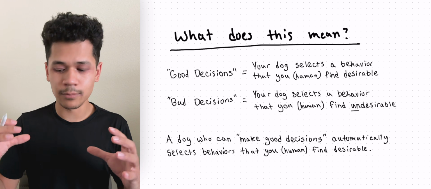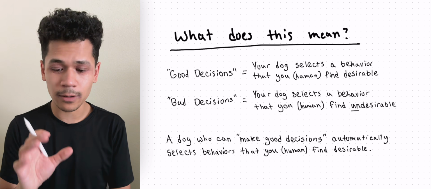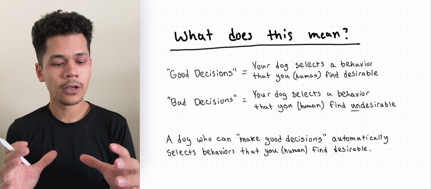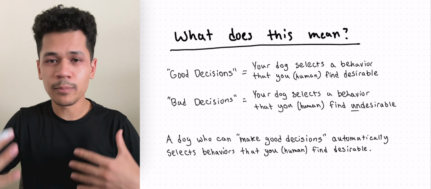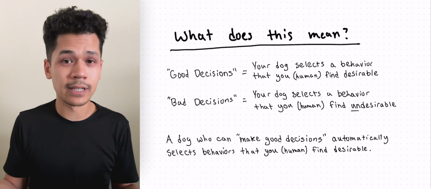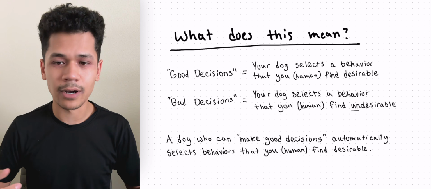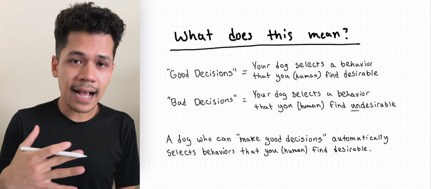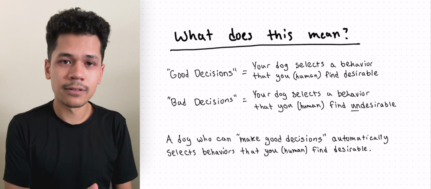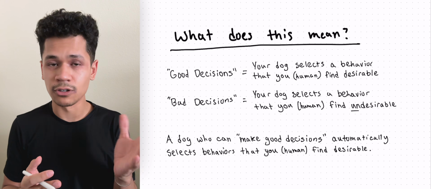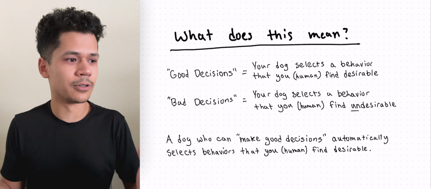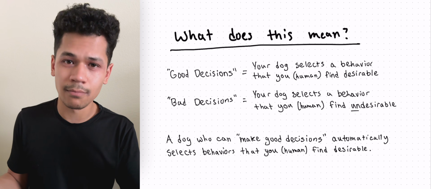And the reason why I'm using this language here is for an important reason. When your dog is performing everyday behaviors, everything your dog does is a behavior, right? We as humans label the dog's behavior as good or bad. For example, your dog is chewing shoes, bad.